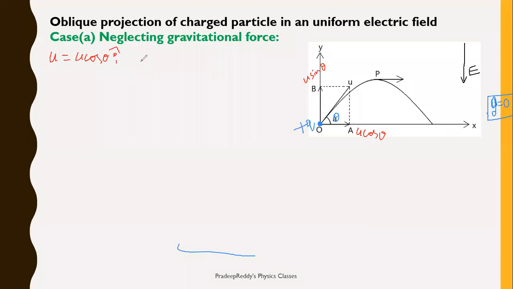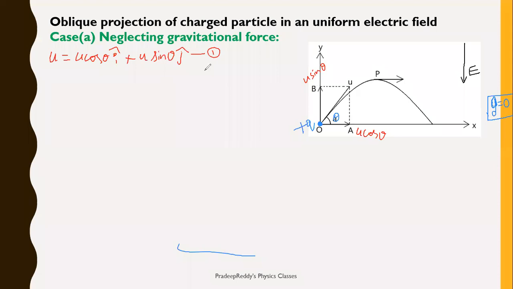Recapitulate the concept of projectile motion in class 11th kinematics. Plus velocity along the y direction is u sin theta, and this is in the upward direction, so it is plus j cap. Now let me take this as equation 1. So along the x-axis and y-axis, initial velocity is this.